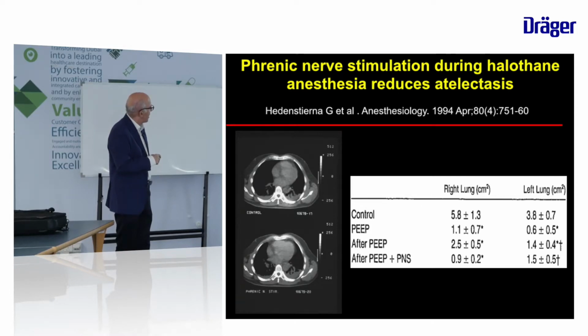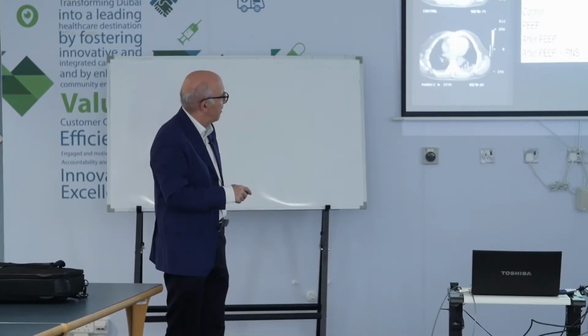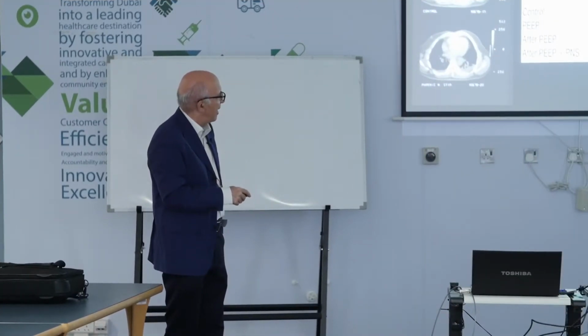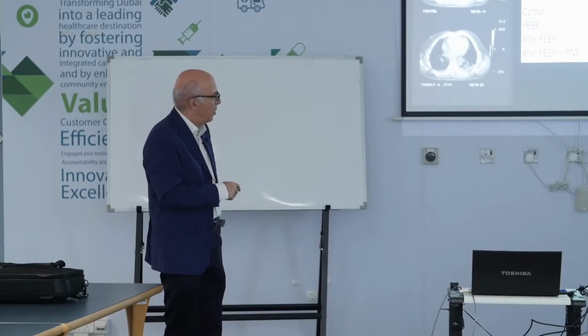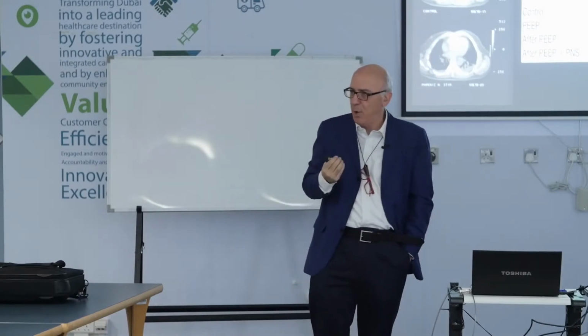You see a reduction in the amount of atelectasis due to the phrenic stimulation. And you see here on the right, the control with PEEP, after PEEP, and after PEEP with phrenic stimulation. And the left lung, no changes due to the absence of phrenic stimulation. So this means that the tone of the respiratory muscles is important.